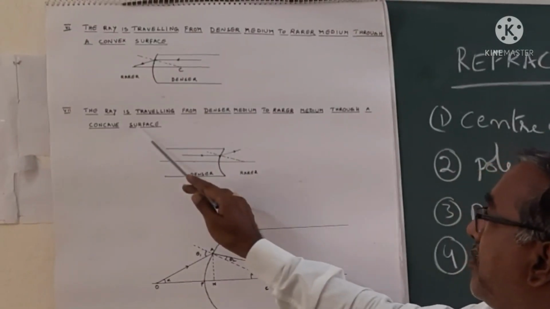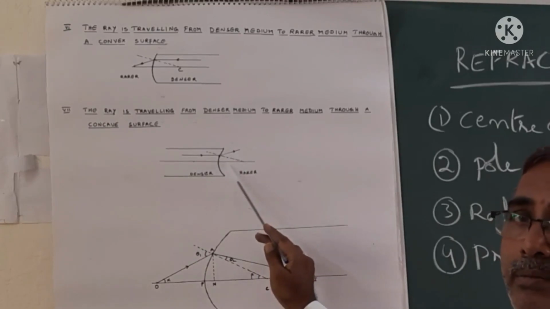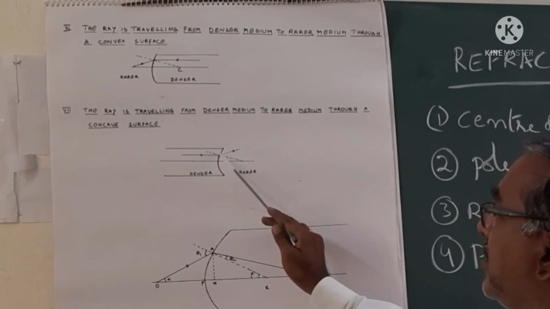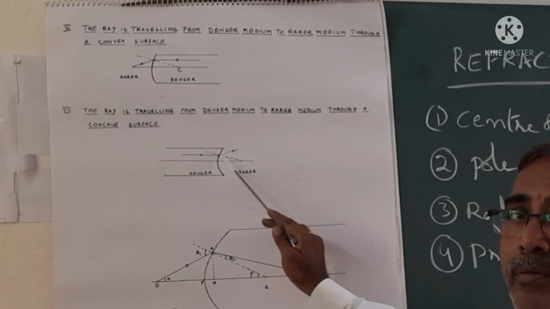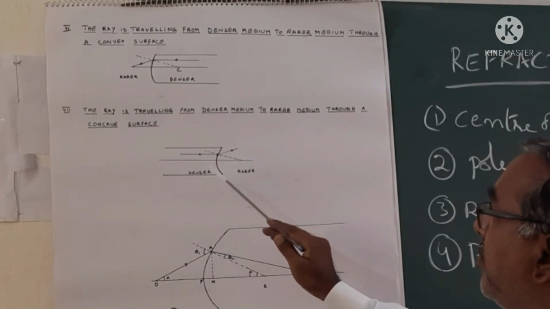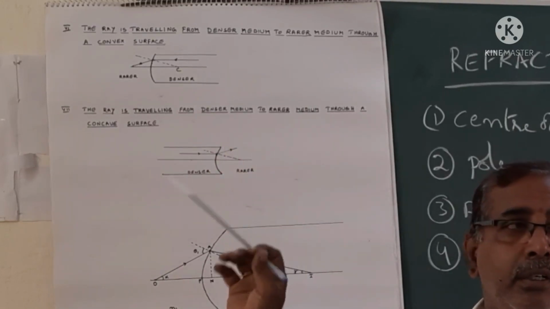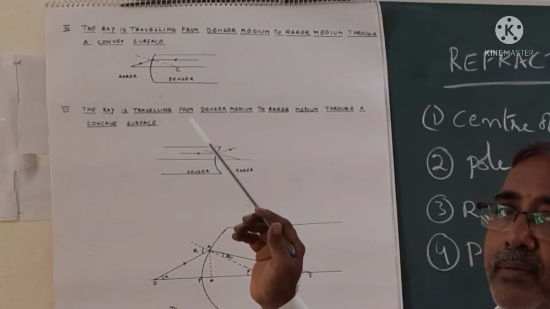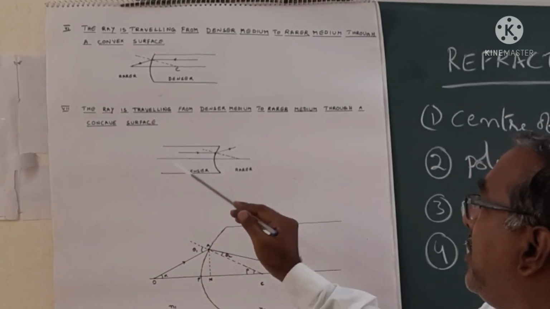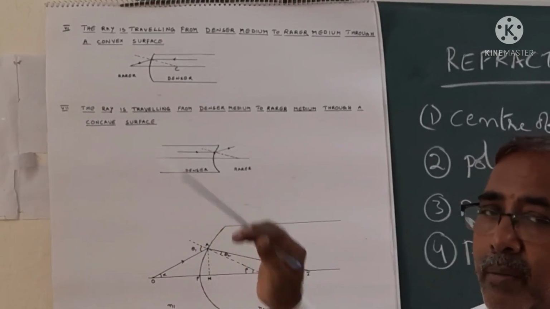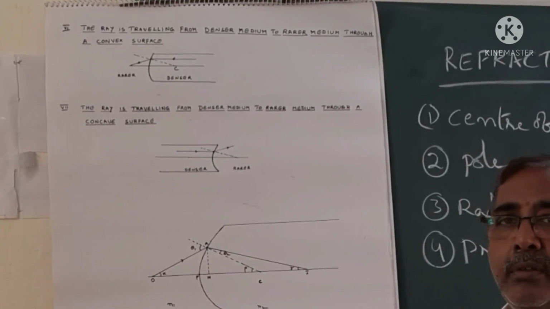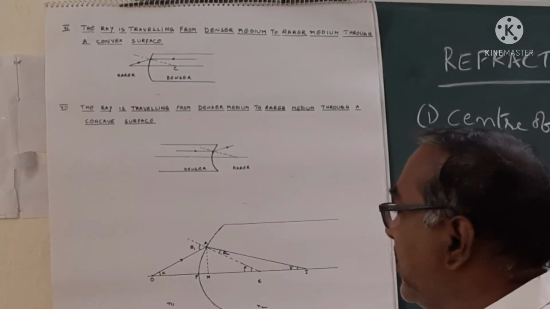In the case of concave surface, denser medium to rarer medium, the ray is traveling and bends away from the normal. So whether it is a concave surface or convex surface, when the light ray passes from denser medium to rarer medium, it will bend away from the normal. This is regarding refraction of light at curved surfaces.